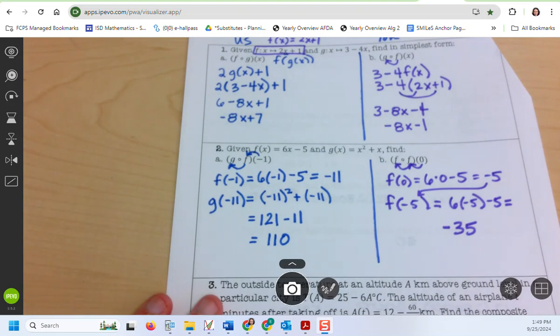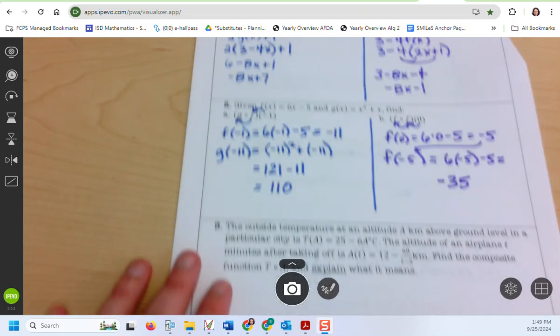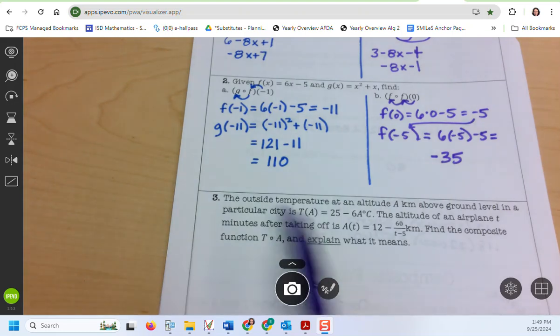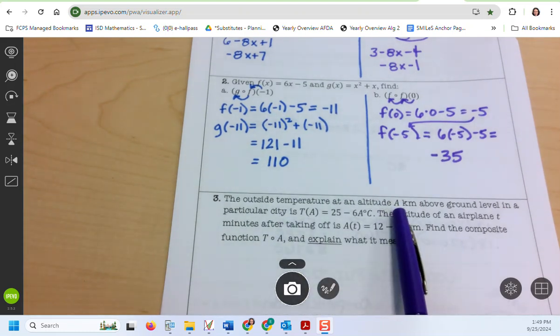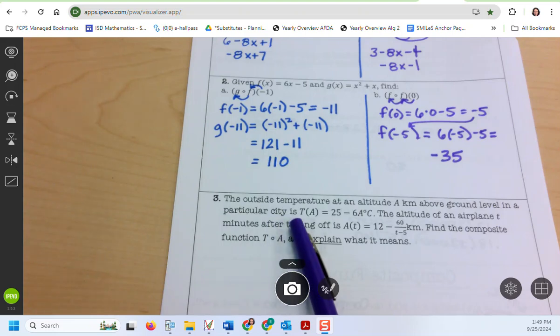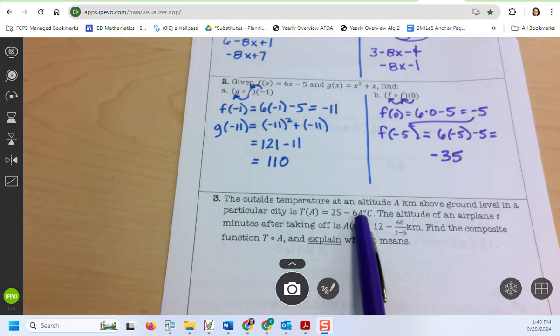This is like a real IB level question here, so we're going to read it carefully together. Some of you may have read it already, but I want to go through it together. The outside temperature at altitude A kilometers above ground level in a particular city is T of A equals 25 minus 6A, and that's degrees Celsius.